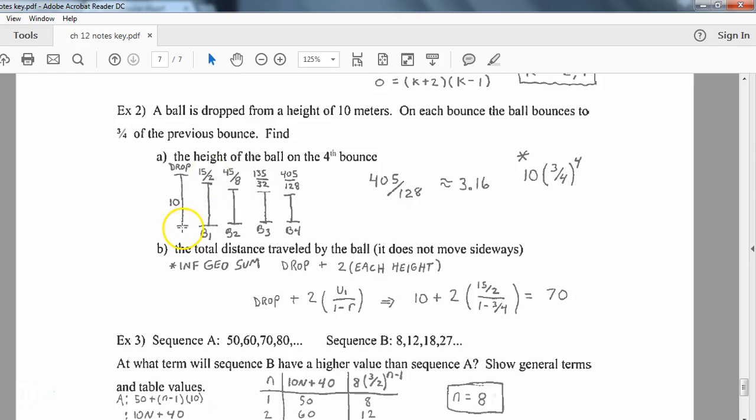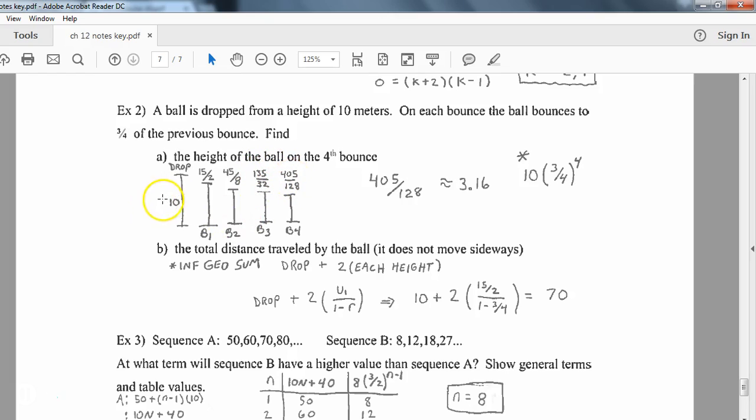So when it bounced the first time, it went up 7.5 and down 7.5. On the next one, it went up 45/8 and then down 45/8. And then on the next one, it went up this amount and then down this amount. And so these amounts all occur twice because of the bounce up and down.